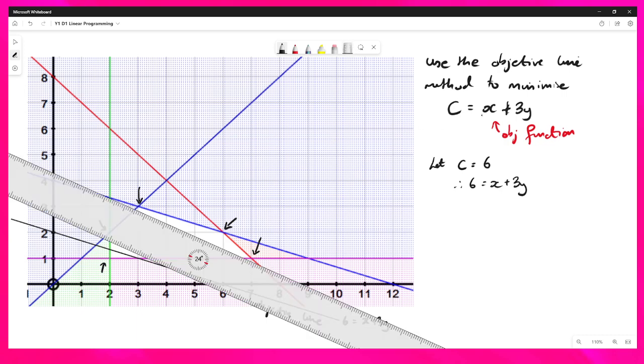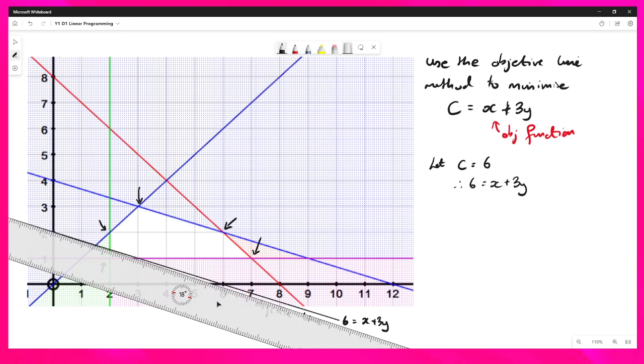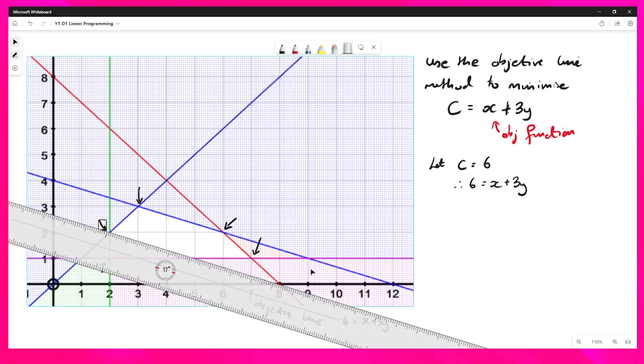So you're going to take your ruler and you're going to line it up with our objective line. What you're then going to do is move the ruler to each of the vertices of the feasible region. If we drew a line along our ruler here, like this, this is another objective line.